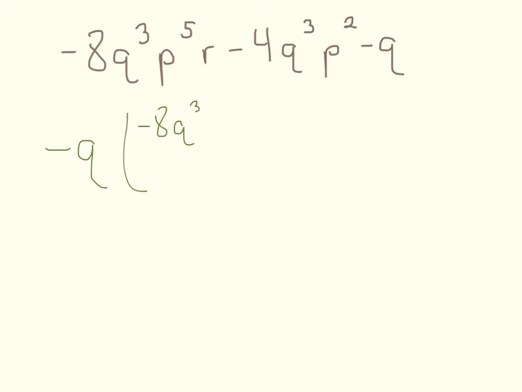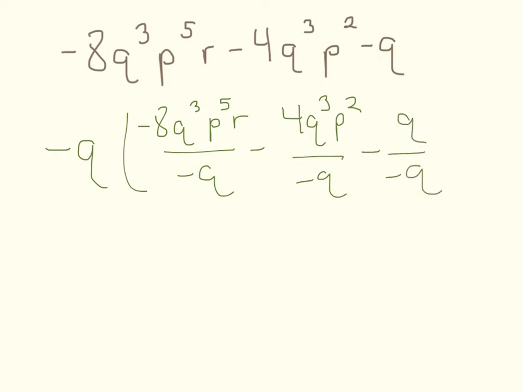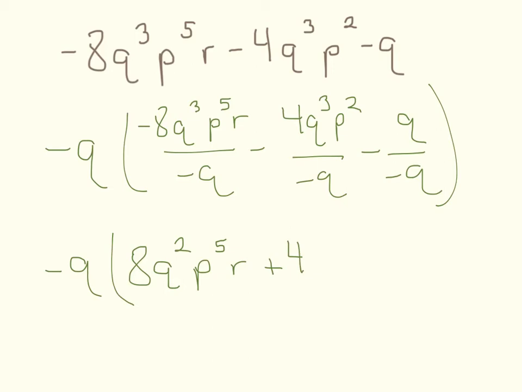Now we're going to divide each of these by negative Q. So we keep negative Q. So right here, 3 minus 1 is 2. Notice our negatives cancel. So 8Q squared, P to the 5th R, plus 4Q squared, P squared.